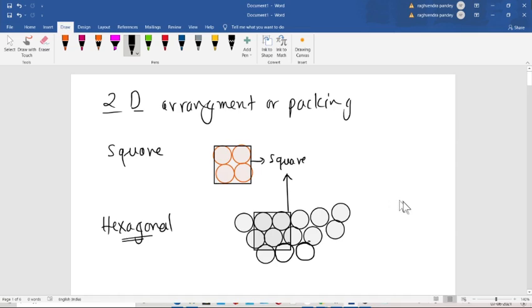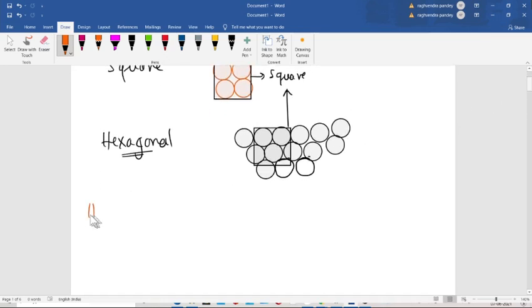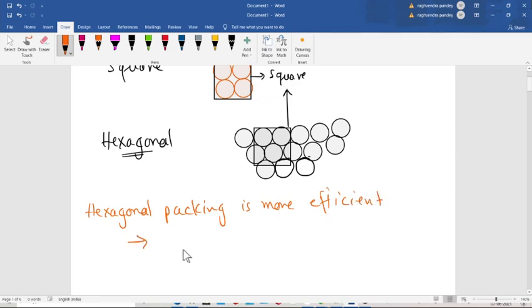So you see hexagonal packing is more efficient packing. More efficient. So what does this mean?